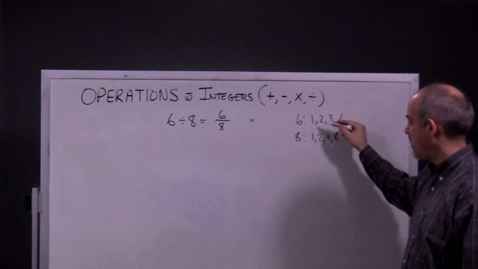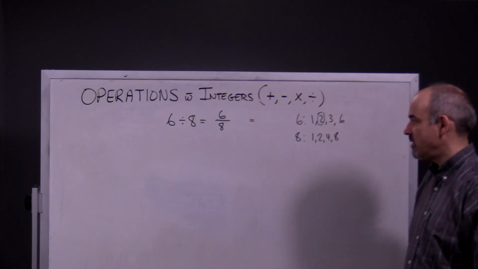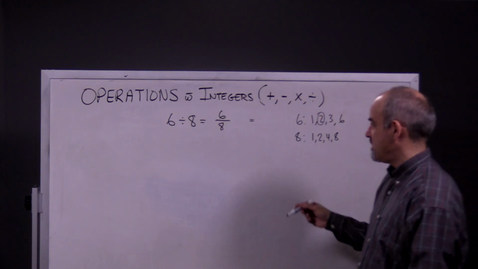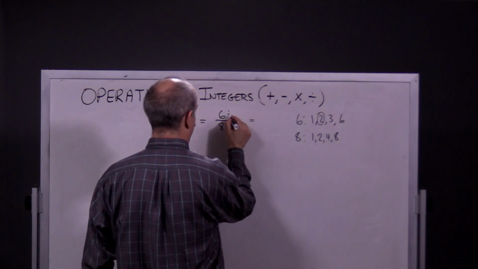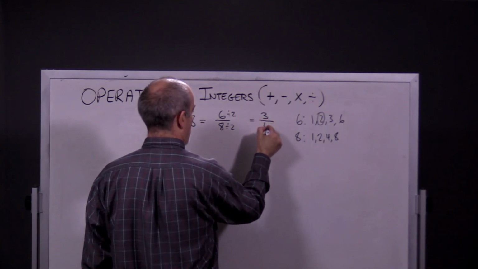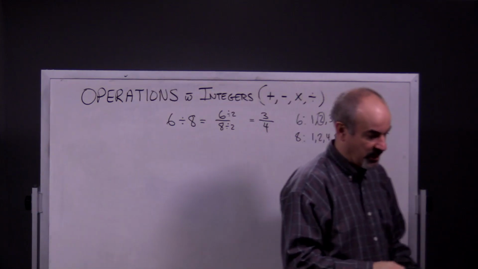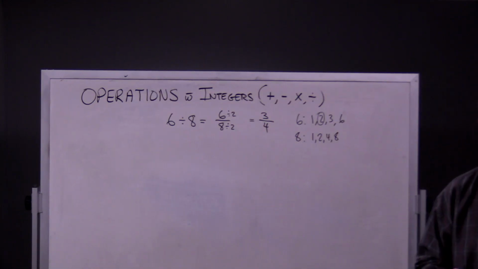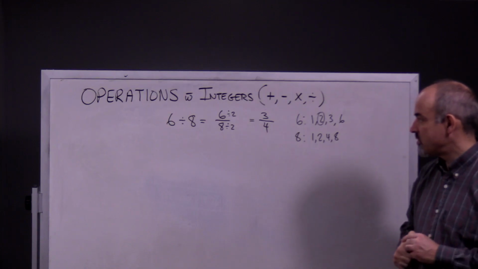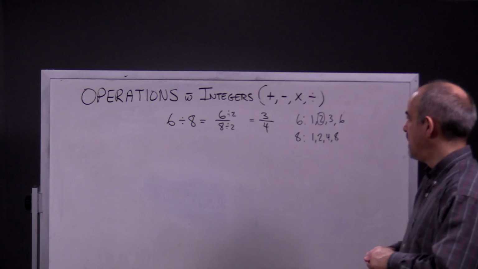Those are the only ones that are in both. The greatest of 1 and 2 is 2. So 2 is the GCF of 6 and 8. So you can divide each number by 2. So 6 divided by 8 is 3 over 4, which is 0.75 once we start talking about decimals.